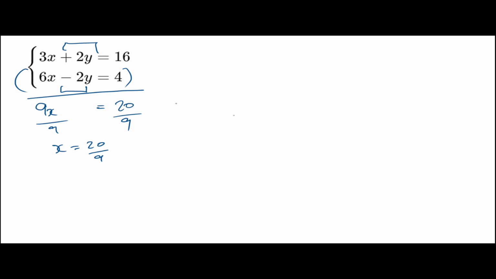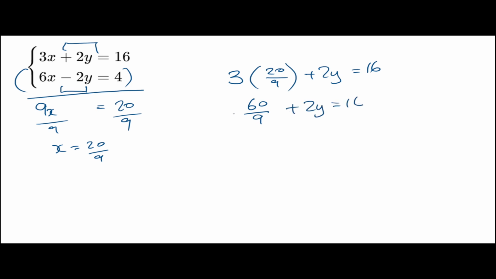Now I know what x is. I can just substitute that into either of those equations and find an answer. Let's do the top one. So 3 times 20 over 9 plus 2y equals 16. So 3 times 20 over 9 is 60 over 9 plus 2y equals 16. So I'm going to take 60 over 9 from both sides.